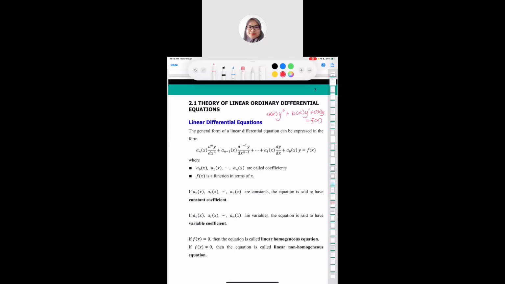Why is it second order? The highest derivative is 2, it is equal to 2.